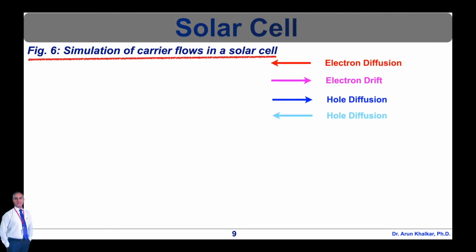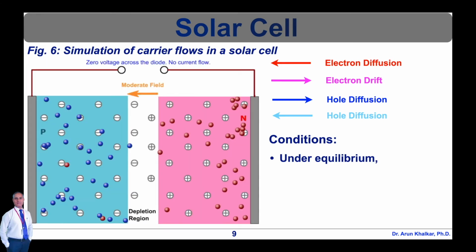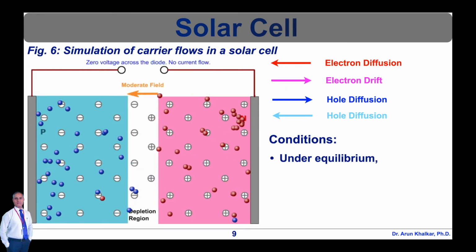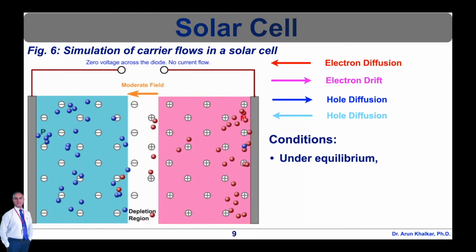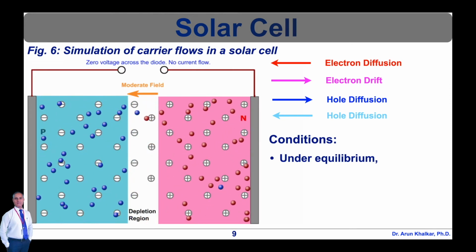If the light generated carriers are prevented from leaving the solar cell, then the collection of light generated carriers causes an increase in the number of electrons on the n-type side of the p-n junction and a similar increase in the holes in the p-type material.